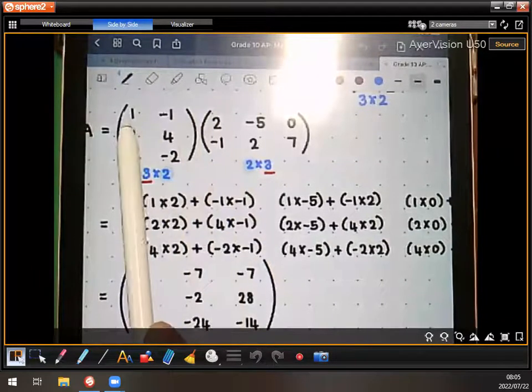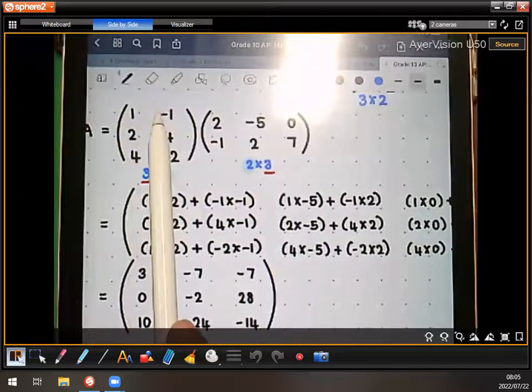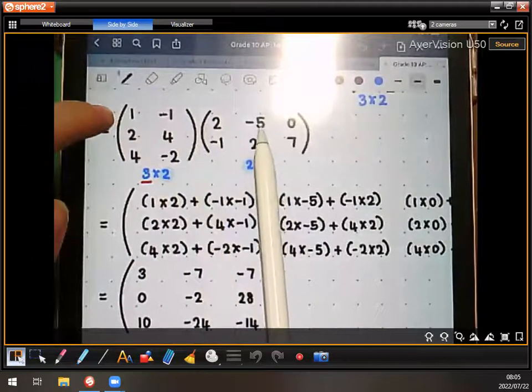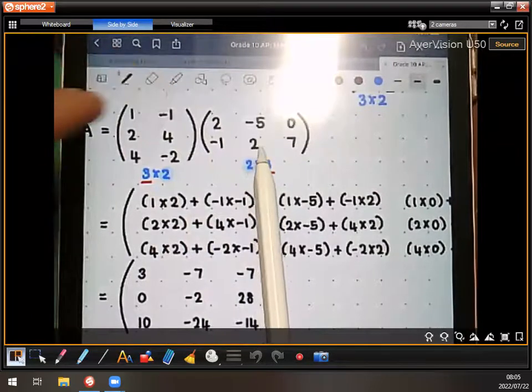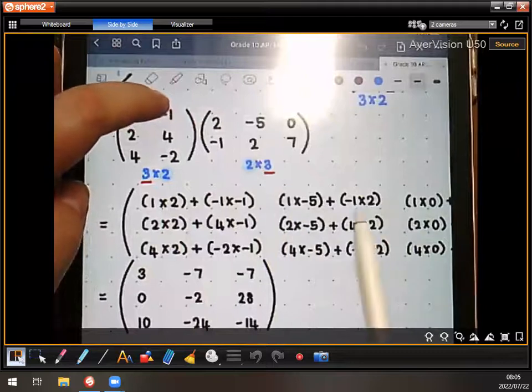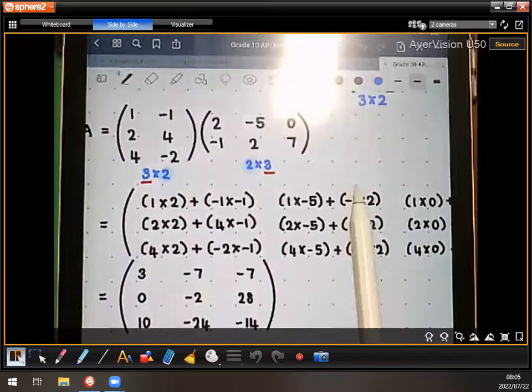Then first row, second column: we do 1 times -5 plus -1 times 2. That gives us the value in the first row and second column. You literally have to say that to yourself in your head.